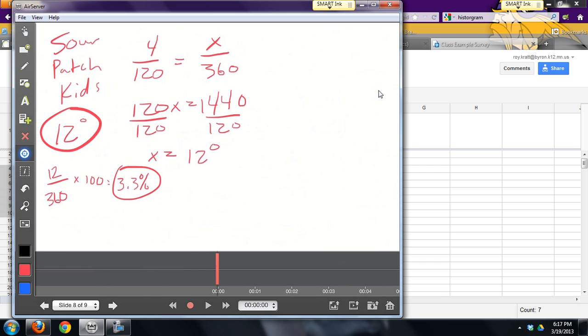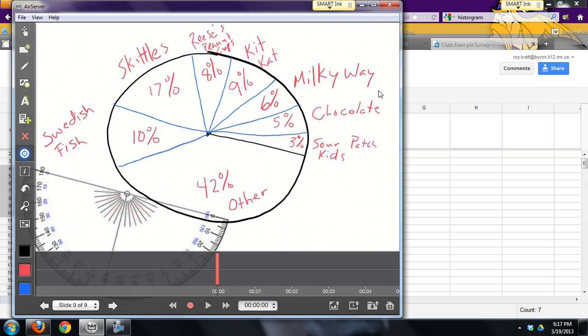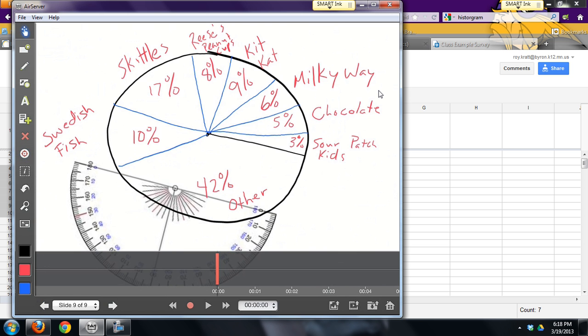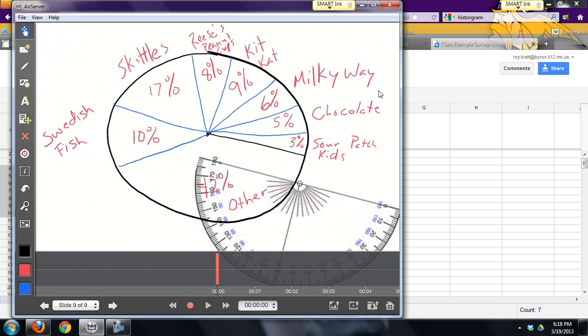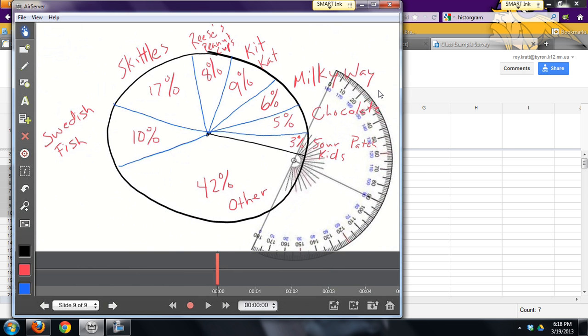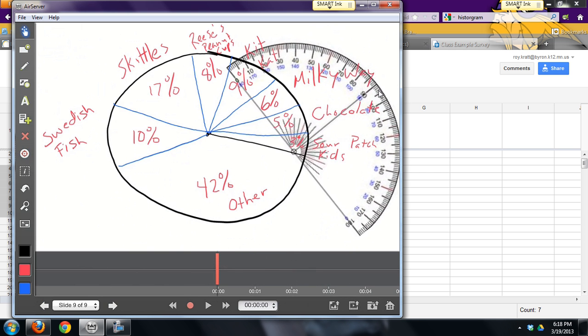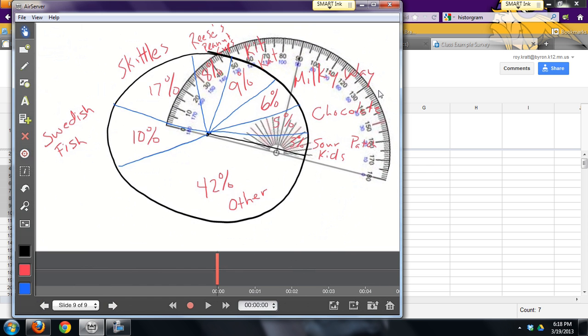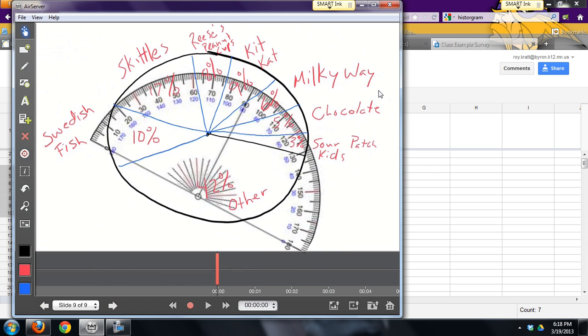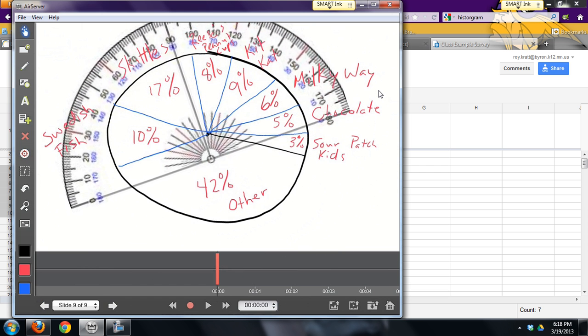I'm going to go over and show you what I did to do the Swedish fish on the iPad. Over here on the side, I chose the four-way moving tool, and then I can grab my protractor. You can maneuver this thing around, make it bigger and smaller, and all those sorts of things. Now, my Swedish fish is over here.